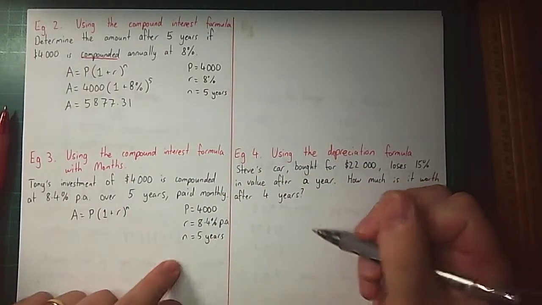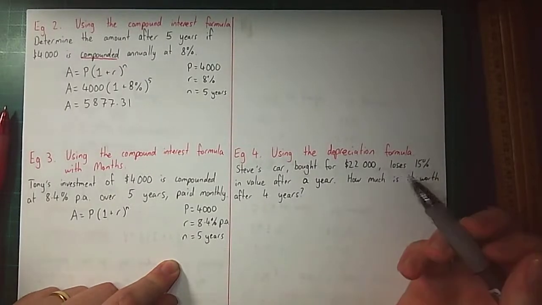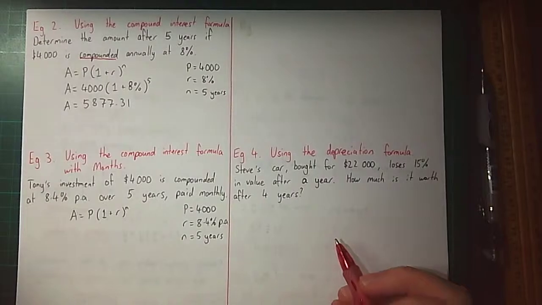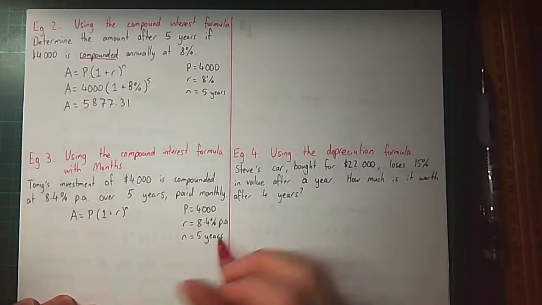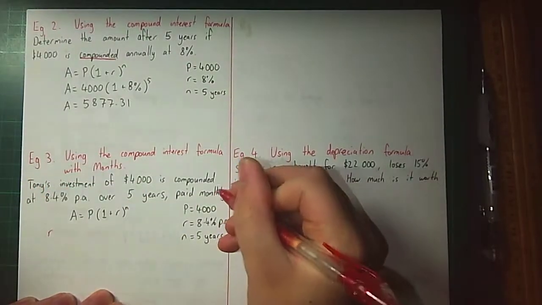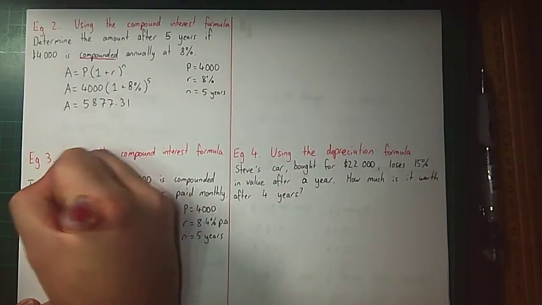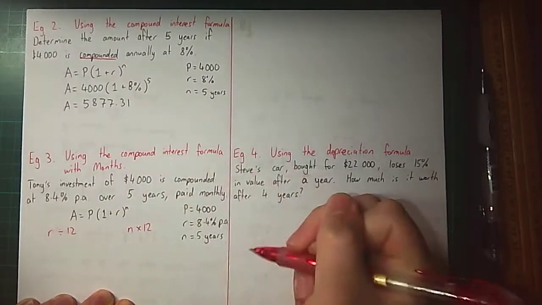Now here the issue is that it wants monthly, and we've got years and per year. So we need to make some changes here. So just like in that first example, we're going to have to fix this up. So our rate, as we're doing it into months, we're going to divide our rate by 12. And we're going to times our N by 12.